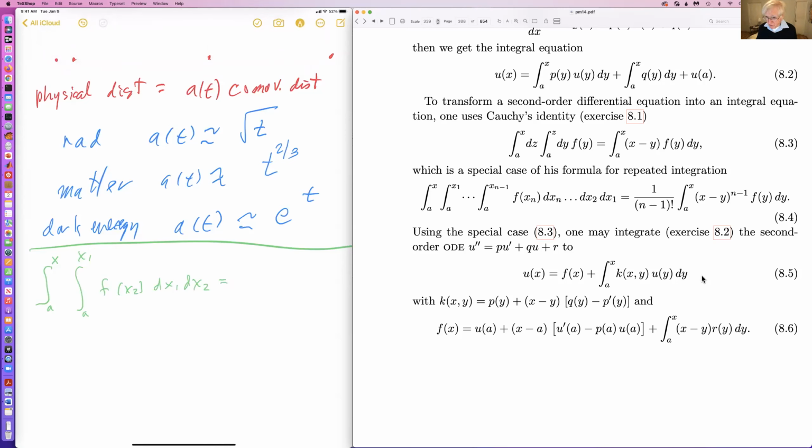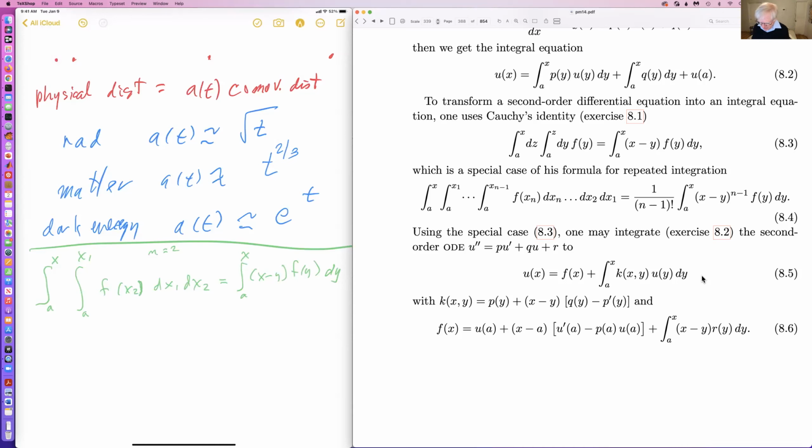And so this is going to be, n is 2 here. So I'm setting n equal to 2. And so this is 1 factorial, of course, is 1. So this should be the integral a to x of x minus y, f of y, and this is an ordinary parenthesis here, dy.